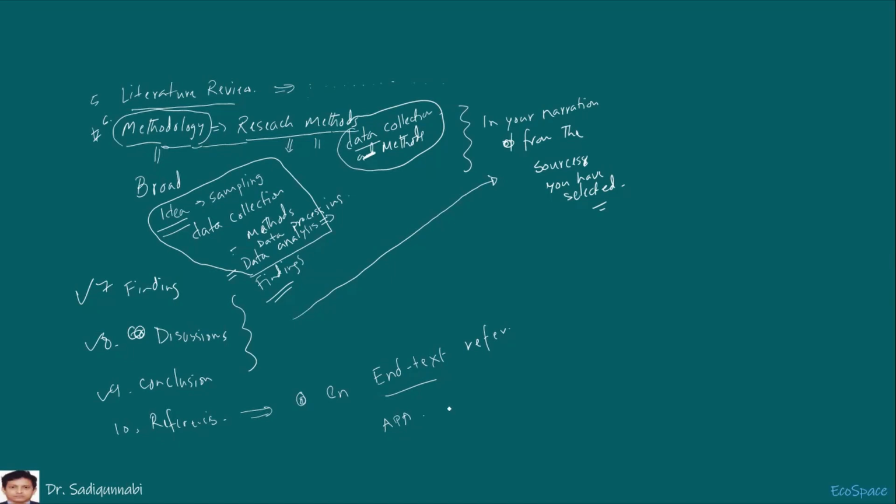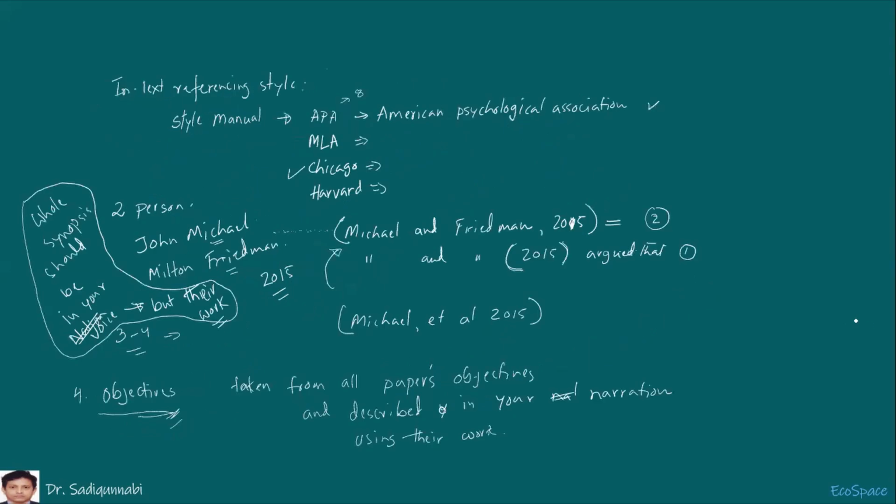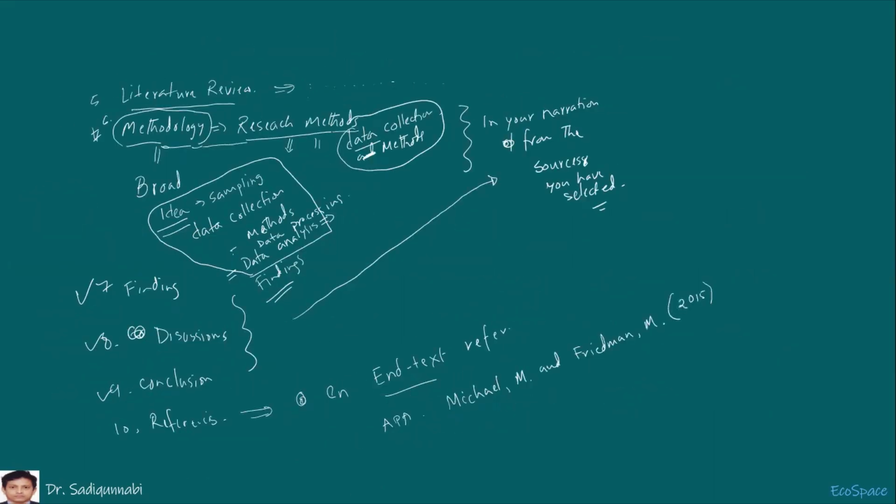So Michael, comma, last name, comma, first and middle name in short, maybe M dot, and Friedman, comma, Milton, means M dot, and then year 2015, and then a dot, then title of the paper.